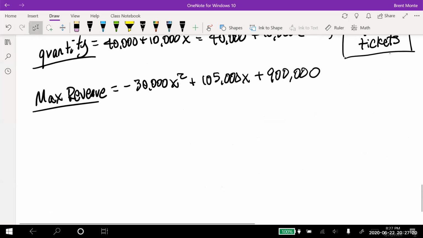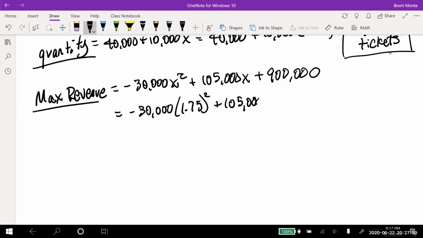And so let's find the revenue when X is 1.75 and see if we beat our 900,000. Oops. That's what happens when you talk when you're trying to write. All right, let's put this into the calculator, see what we get.